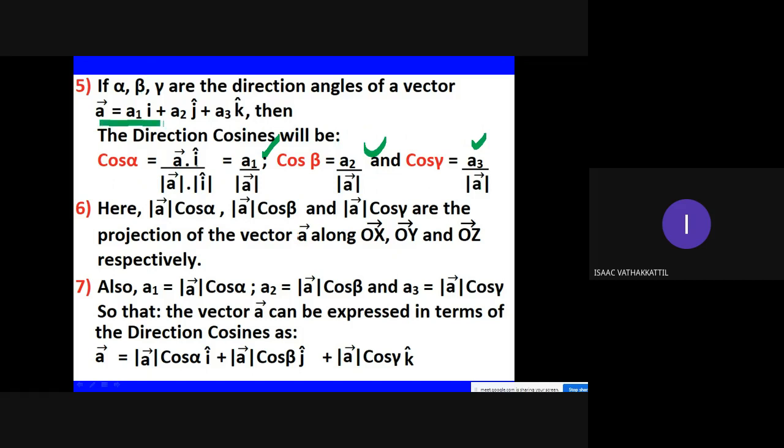Direction cosines are each of them divided by the magnitude A: A1 by magnitude A, A2 by magnitude A, and A3 by magnitude A.